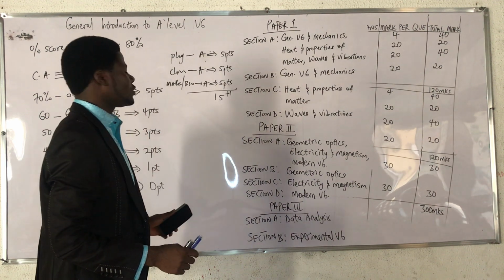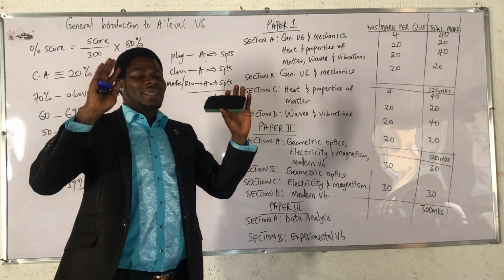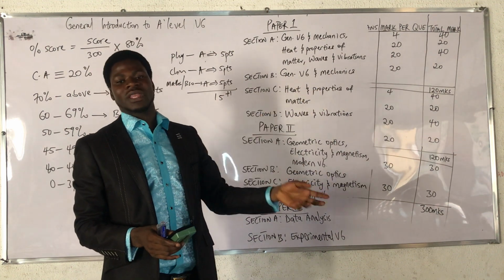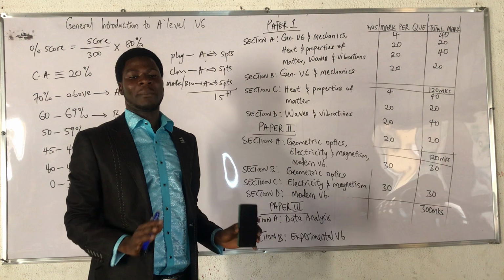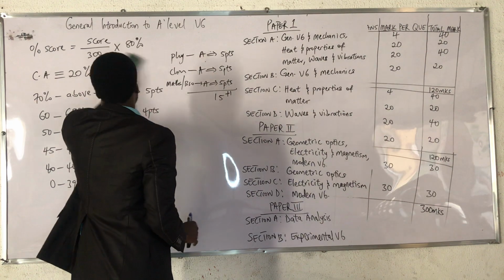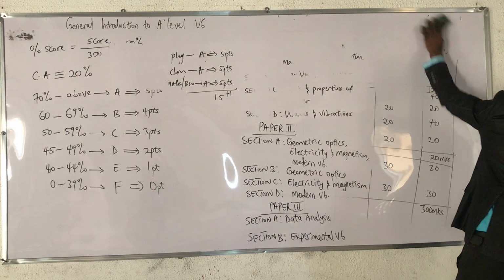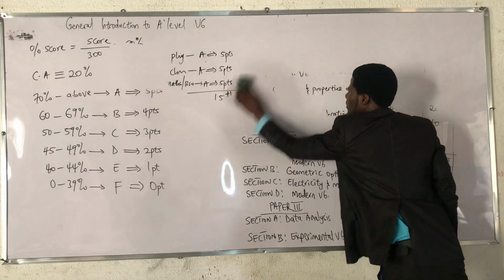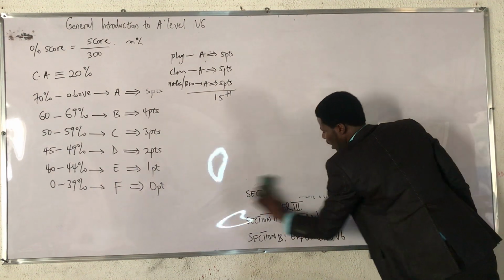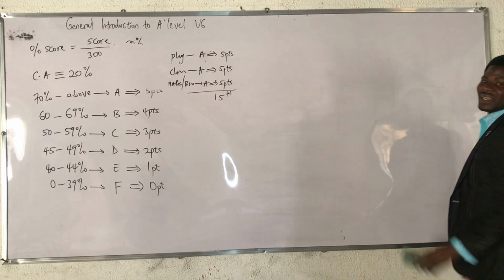Let me quickly go to JUPEB. In JUPEB, all the physics are divided into 4 parts. We have physics 01, 02, 03, and 04. 4 parts. Okay? One thing about JUPEB is that they have objective in their own.